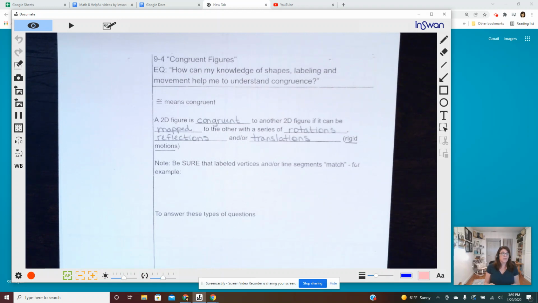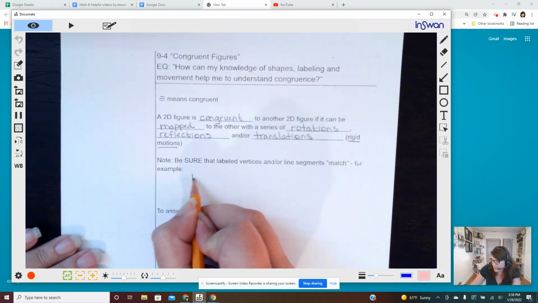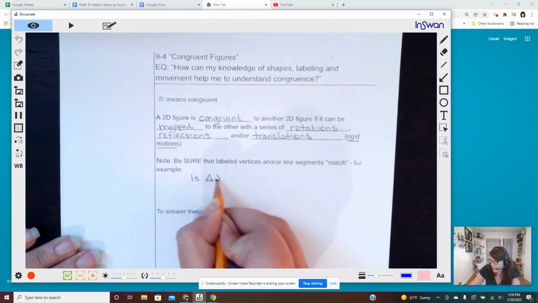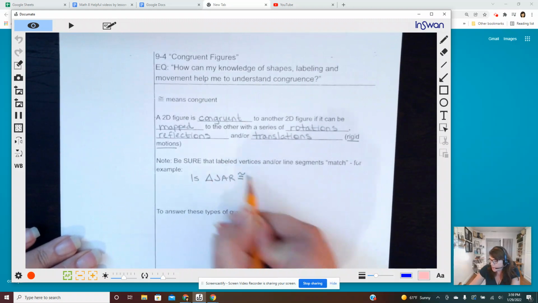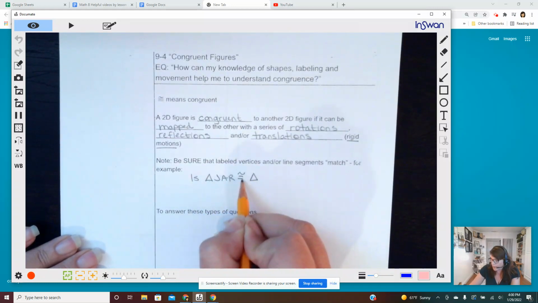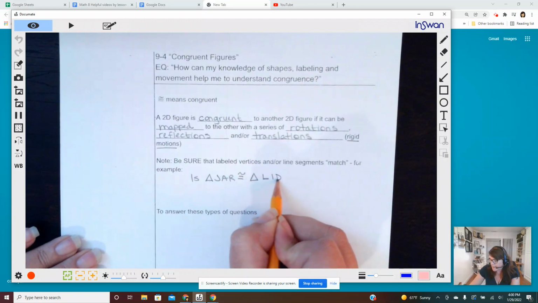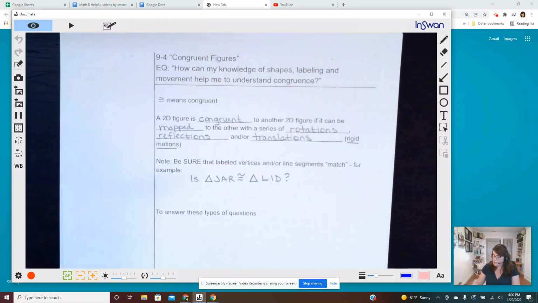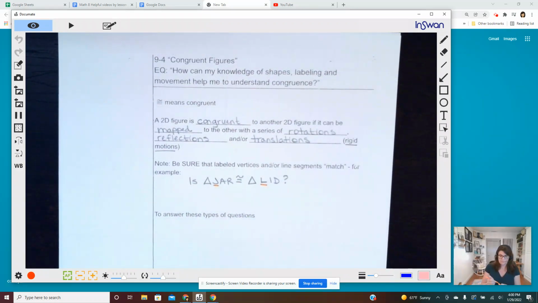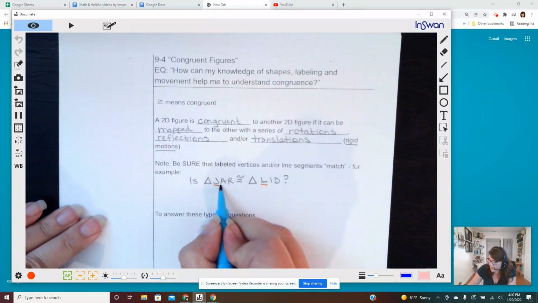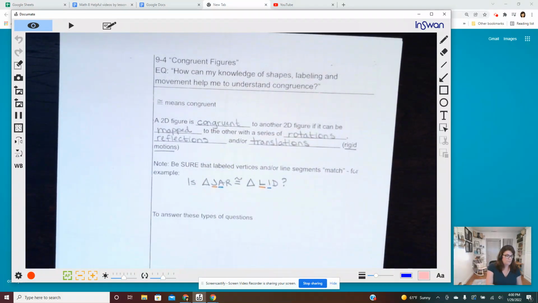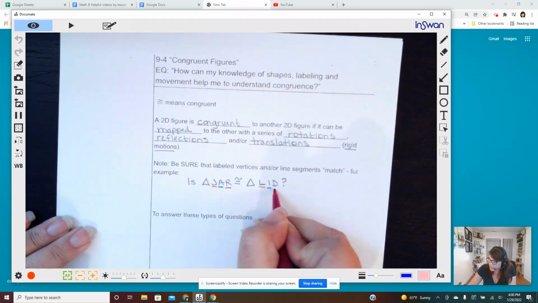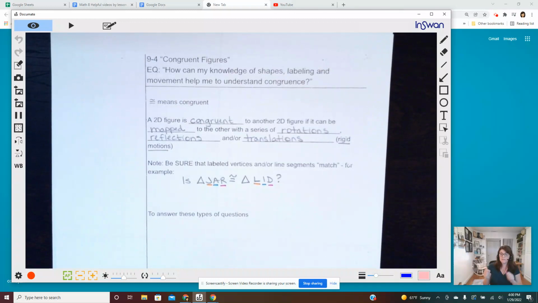So, for example, and this is going to be in the next example we do in just a second, if I'm asking, is triangle JAR congruent to triangle LID, I'm asking if J matches up with L, and A matches up with I, and R matches up with D with the same series of movements.